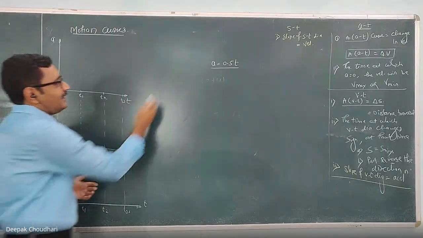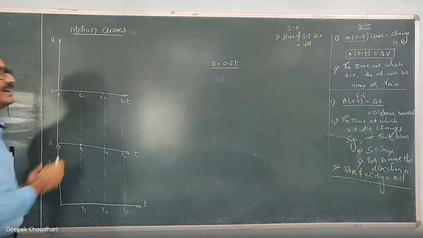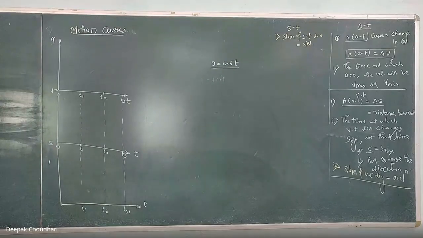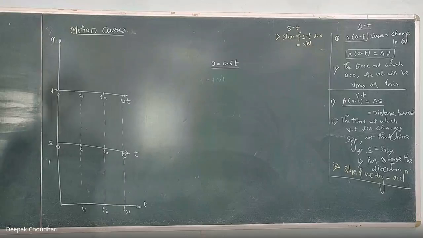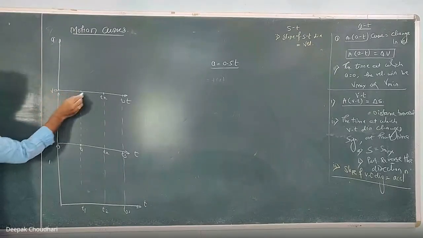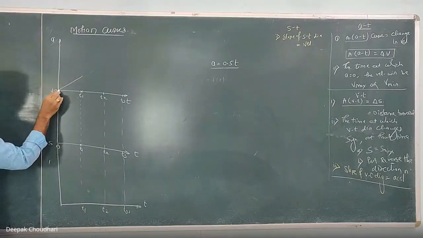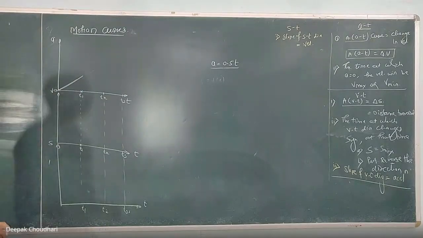If a equals 0.5 t, how will its graph, the AT diagram, come? Linear. Where will it pass from? Origin. What else can you say about that linear graph? Slope half. Correct. Good. So there will be one 0.5. Let me consider up to t1. It follows this equation. It is an oblique straight line, because this is the equation of a straight line passing through the origin, a equal to 0.5 t.